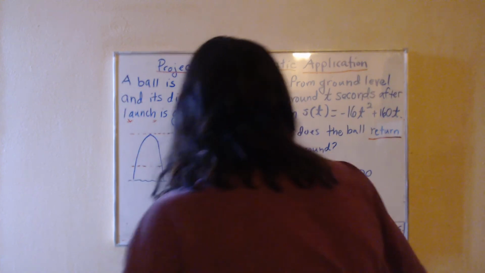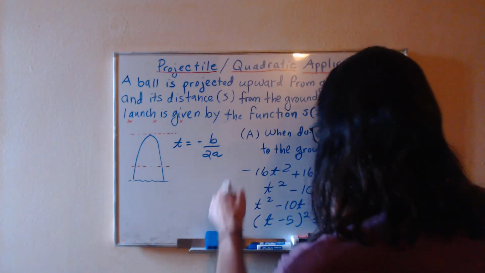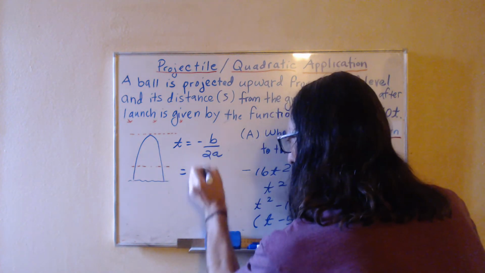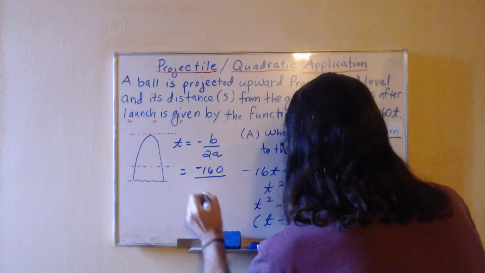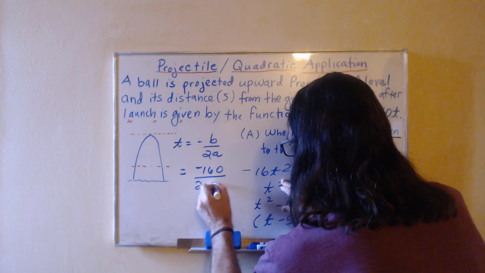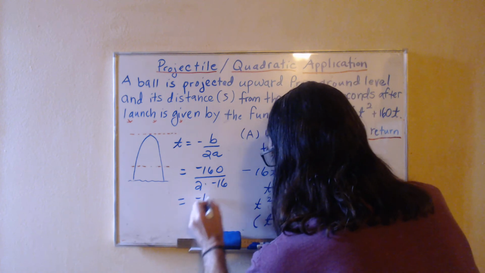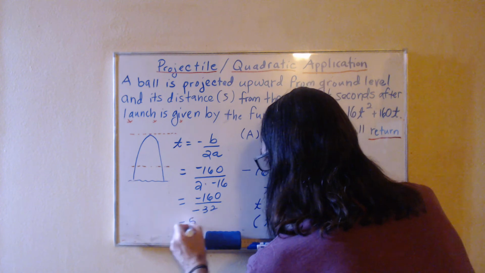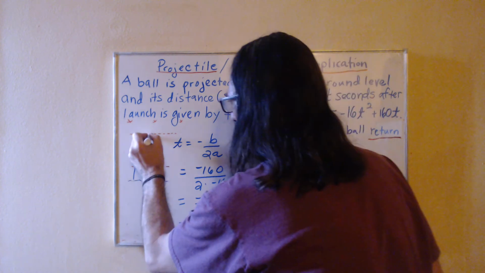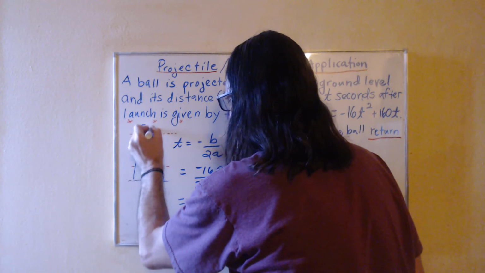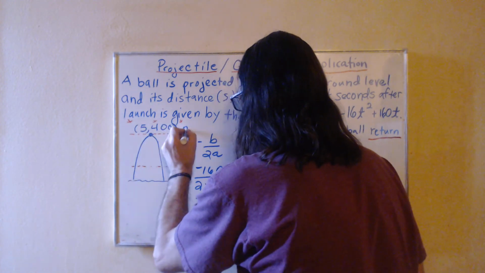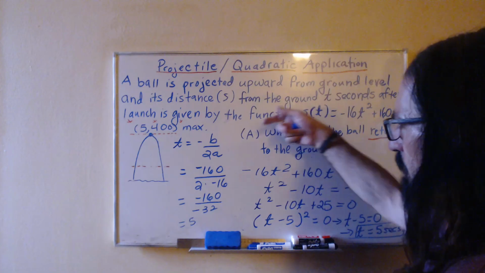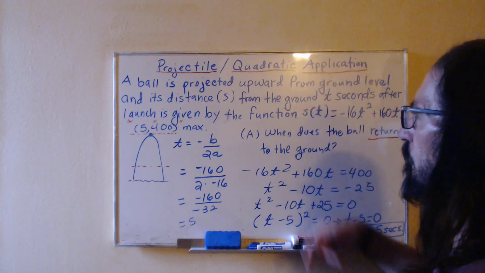So if we just take that part, b was 160, so we've got negative b, negative 160, over 2 times negative 16, negative 160 over negative 32 is equal to 5. It's telling me this point, that is the maximum, is 5 comma 400. At 5 seconds, the ball is at a maximum height of 400 feet.